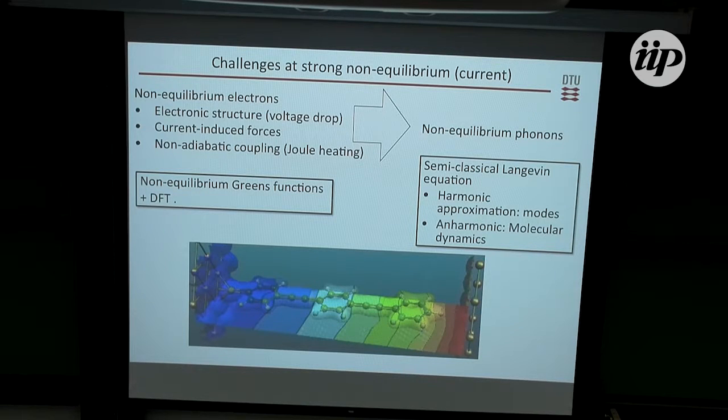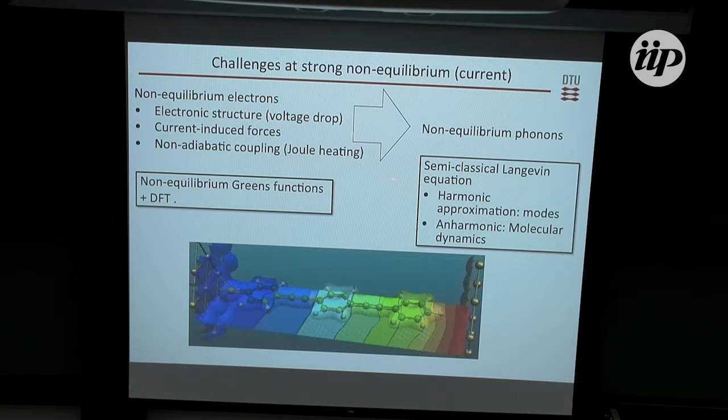And then the description of the phonons: we're going to use the semiclassical Langevin equation. I'm going to show how you can populate this equation with parameters from the DFT-NEGF calculations, and basically, at least in the long run, do calculations where you can predict effects.